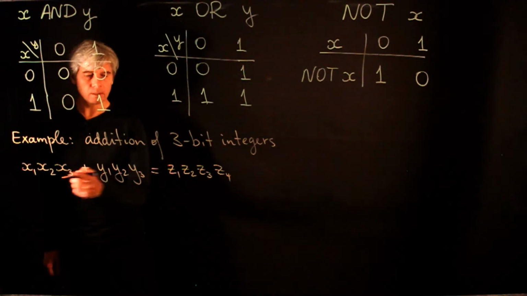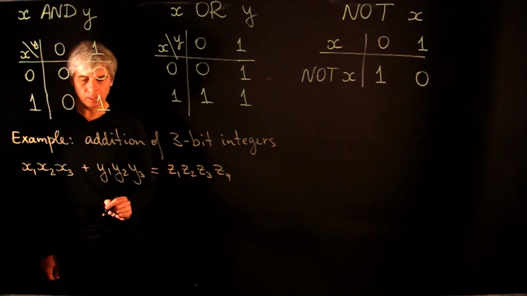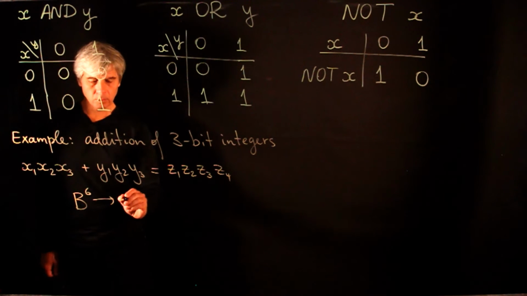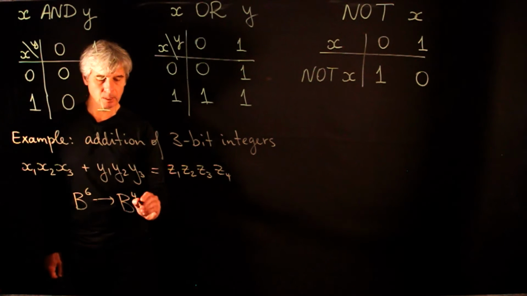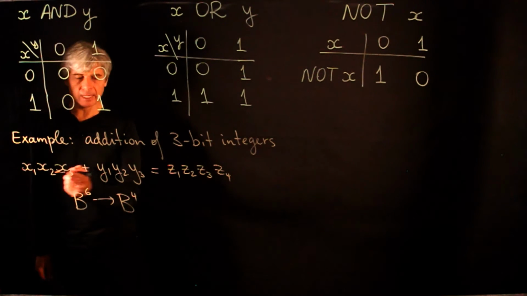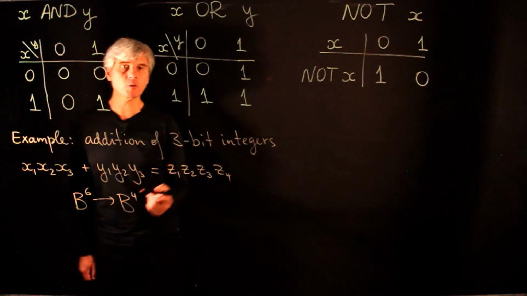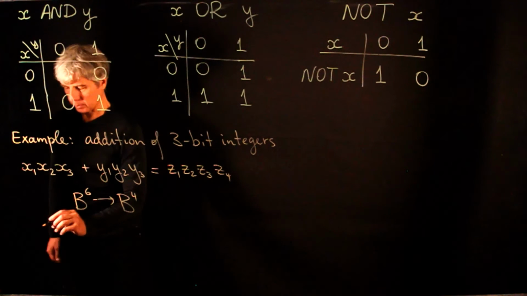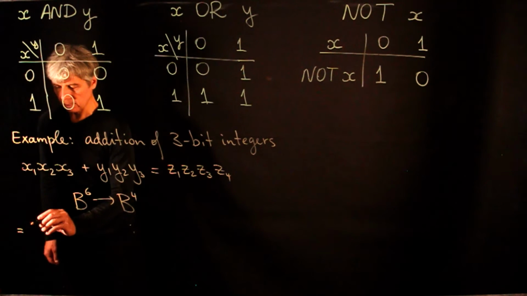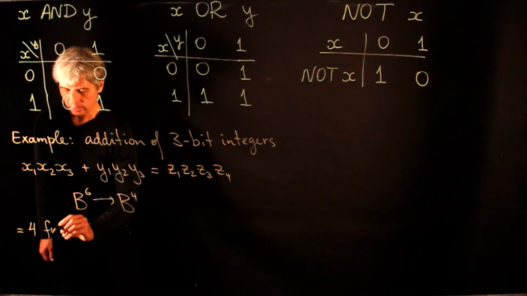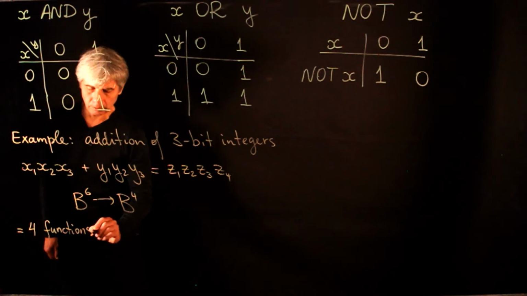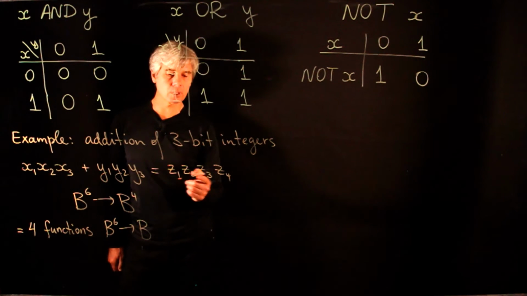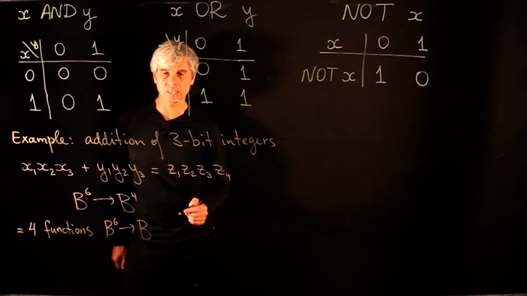And so here, this would be an example of a function from B6 to B4, right? So the input is a binary string of 6 bits, and the output is a binary string of 4 bits. Or, this can be alternatively, this is the same as 4 functions from B6 to B. So here we will compute each of the z bits separately.